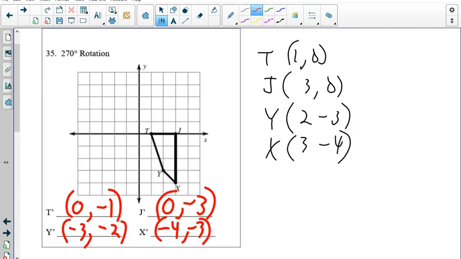So let's plot that. 0, -1, 0, -3, -3, -2, and -4, -3. So here's my T prime, here's my Y prime, here's my J prime, and here's my X prime. And that's it on that one.